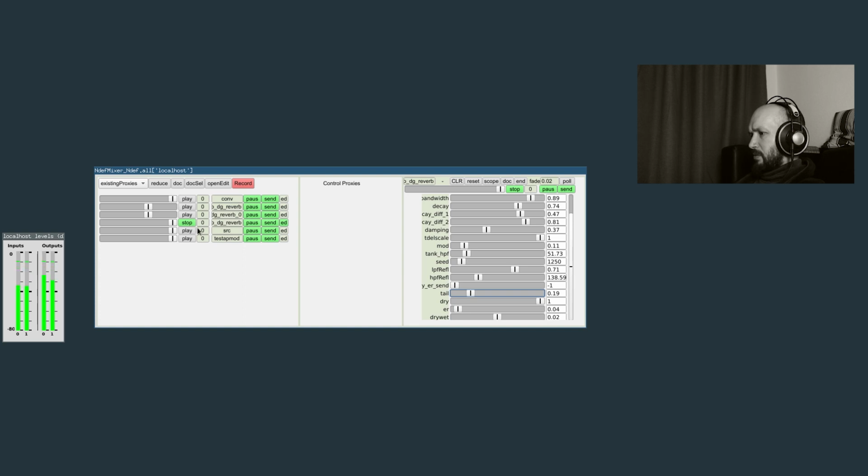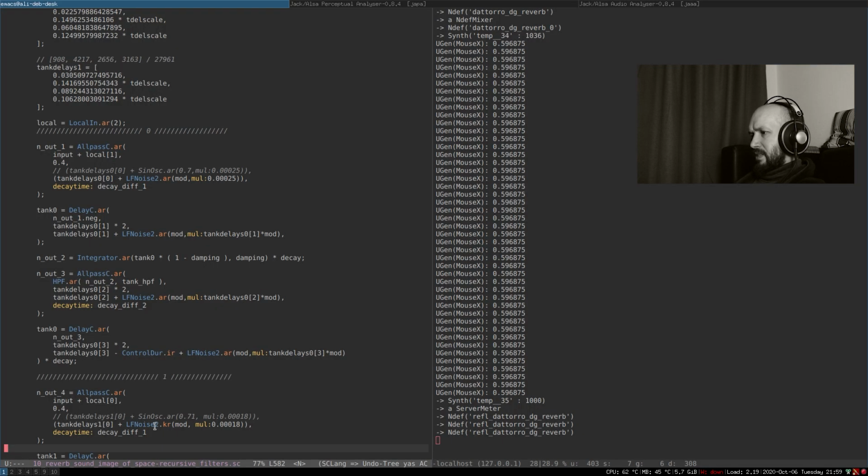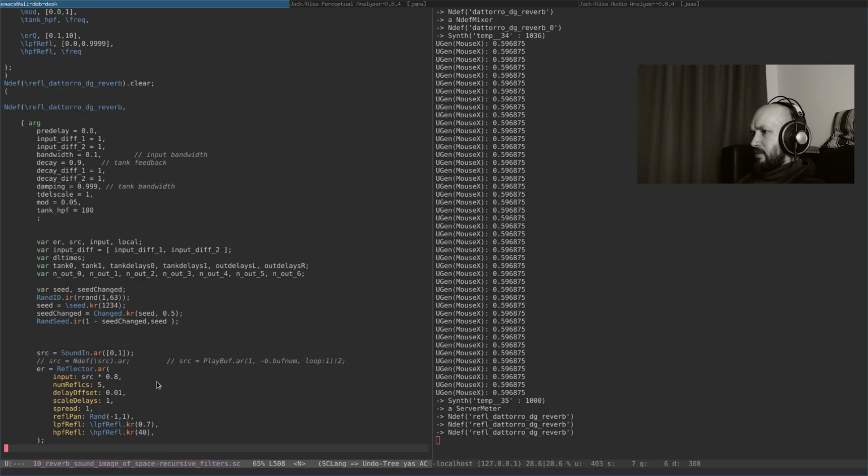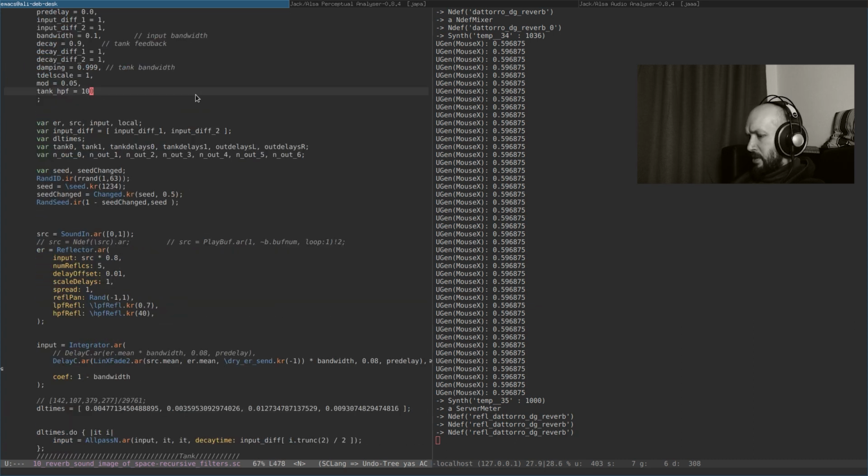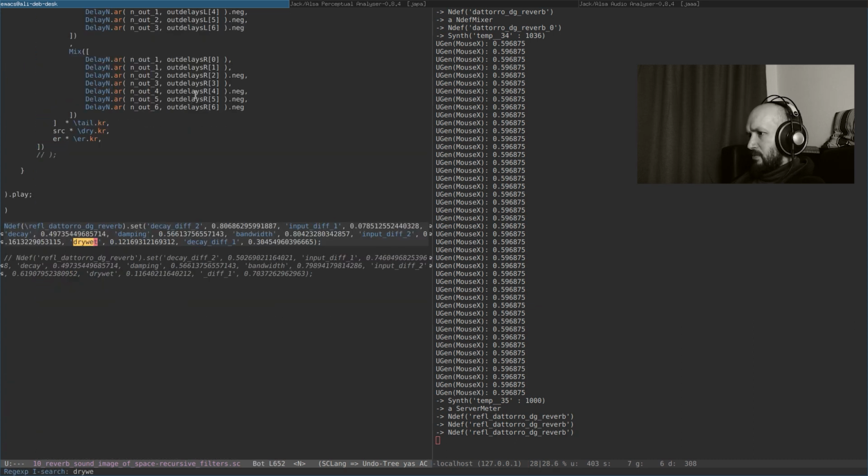I don't remember why. I should clear this synth before executing. It was just here, but I don't actually use this parameter. Dry wet, where is that? Oh, it was in the preset.